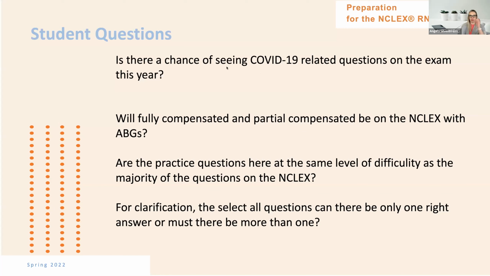Okay, so next thing that we got a question about was, will fully compensated and partially compensated with ABGs be on the NCLEX? So this is a possibility. You could be asked about ABG interpretation.